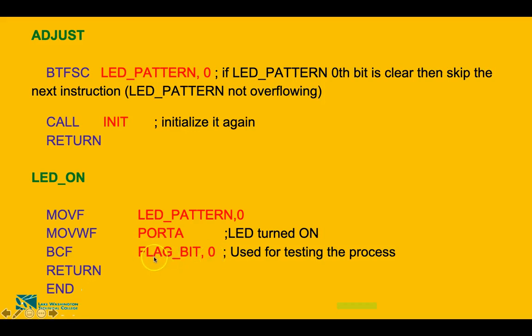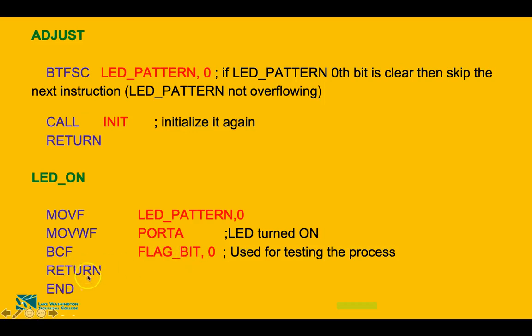This register is an 8-bit register, and whatever is there at that bit, it's going to make it 0 because you're using BCF. If you have any confusion, just pause the video and see what BCF means. I've already explained in the instruction set that this is bit clear F, where you clear the bit, and that's why we have used it here.